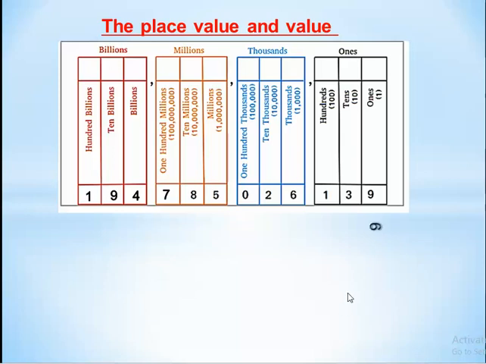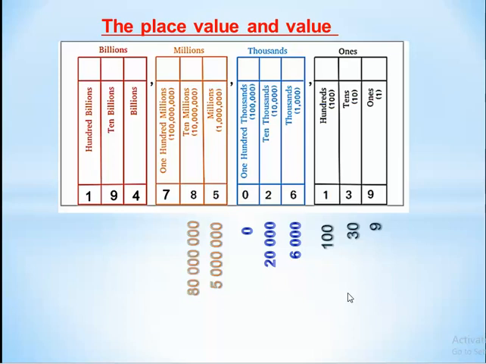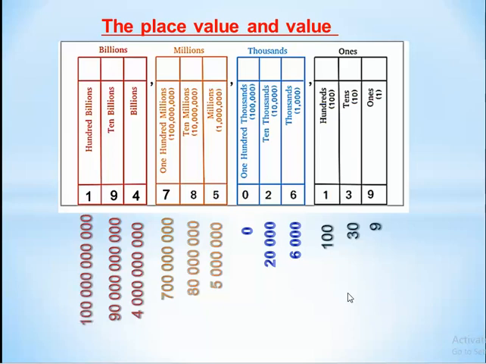We know that 9 is in ones, and 3 in tens we call 30. 1 in hundreds will be 100. 6 in thousands will be 6,000. 2 in 10,000 will be 20,000. 0 in 100,000 is 0. 5 in millions will be 5 million. 8 in 10 millions will be 80 million. 7 in 100 millions will be 700 million. 4 in billions will be 4 billion. 9 in 10 billions will be 90 billion. 1 in 100 billions will be 100 billion.